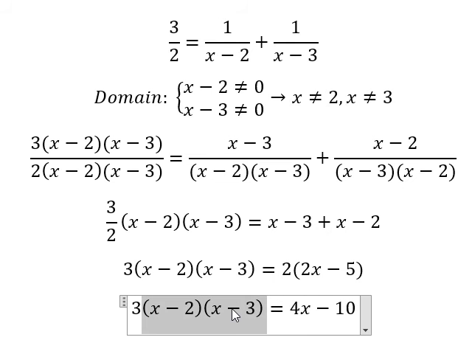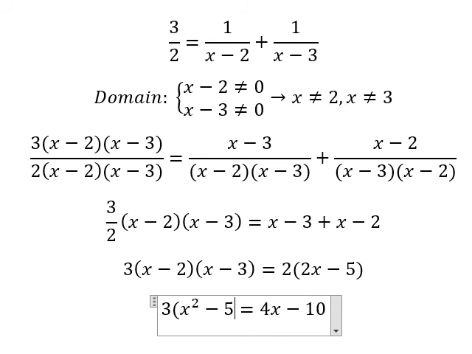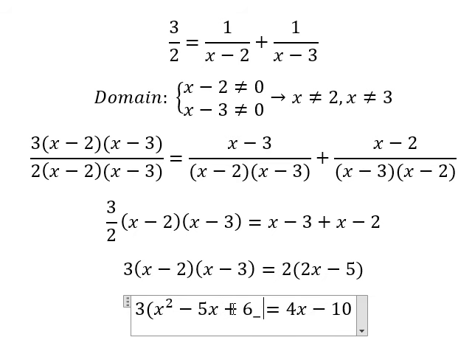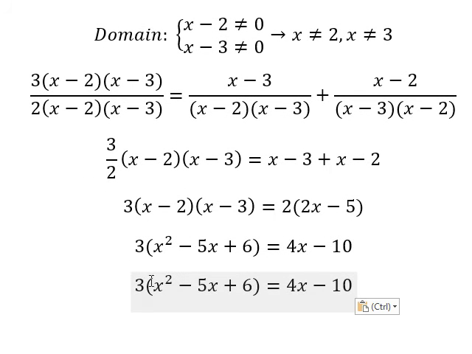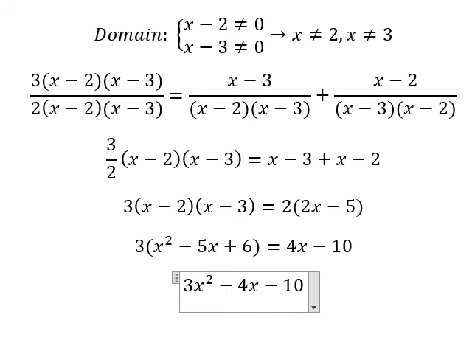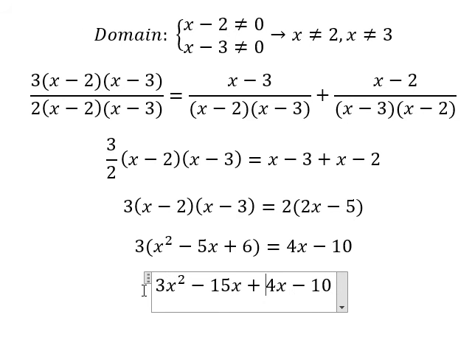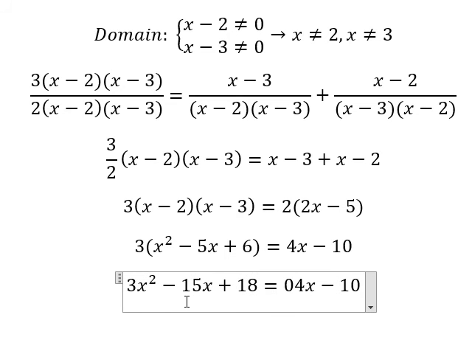This one we need to expand. So this one we have 3s squared minus 15s plus 18 equals 0.